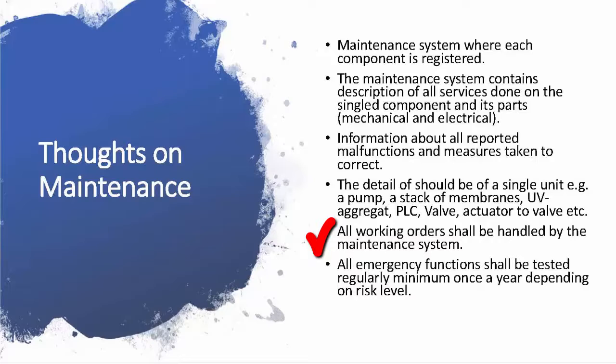So if you should fix a pump or a UV system or an actuator or whatever, the working order shall be handled by the maintenance system, so it's registered and stored.